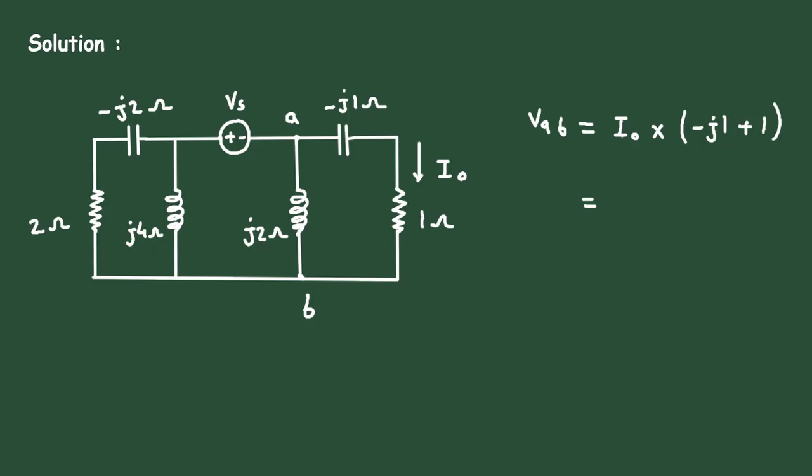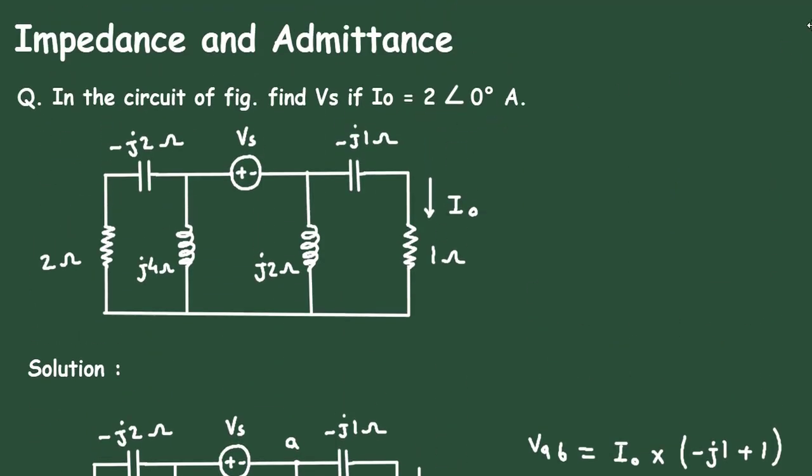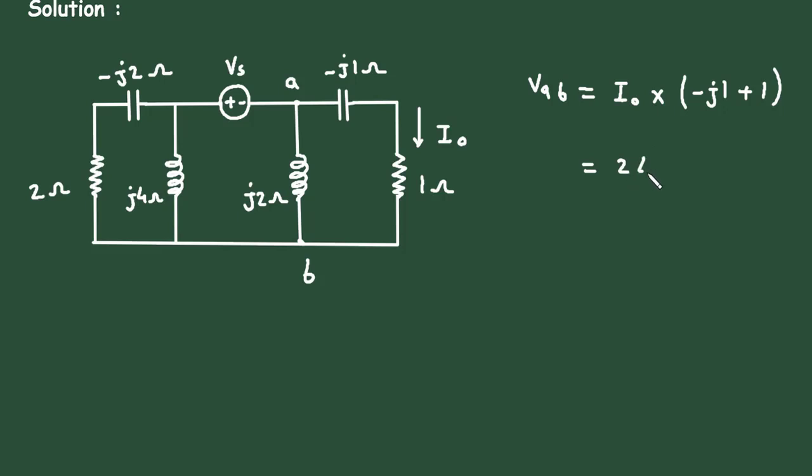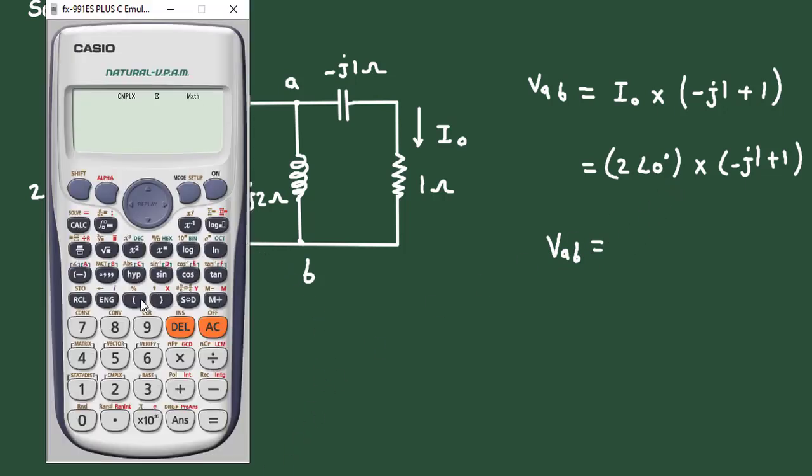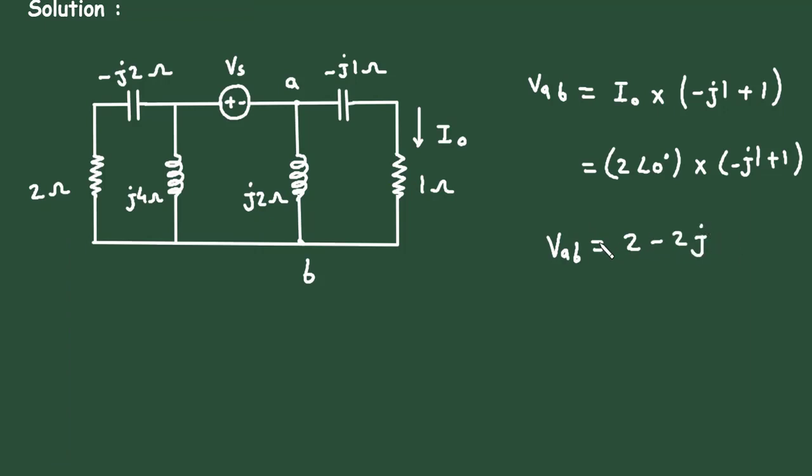The value of I0 is given. It is 2 at an angle 0 degree. So 2 at an angle 0 degree multiplied with minus J1 plus 1. So VAB is equal to 2 minus 2J, and since it is voltage, its unit will be volts.